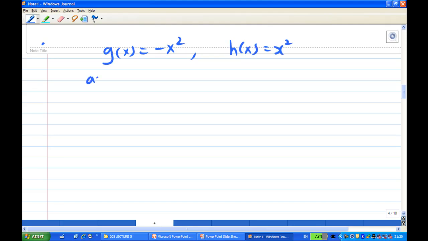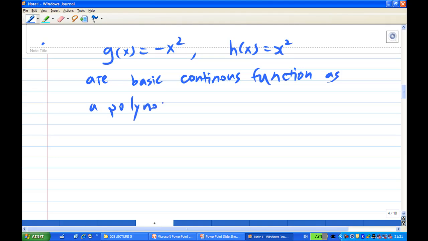They are both polynomials, so they are basic continuous functions. As polynomials, they are continuous at 0. So the third condition is satisfied.